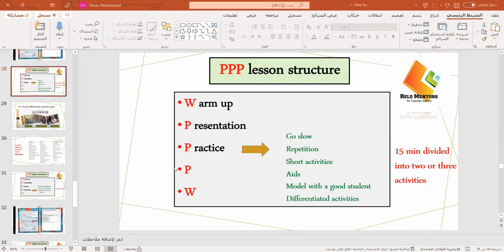A variety of activities, do you think? I see yes, we should have different activities. Why should we do that? If I think that one activity is good for them and they understand well by doing that, why should I change or use different activities?